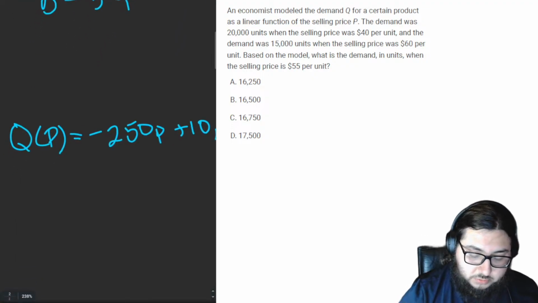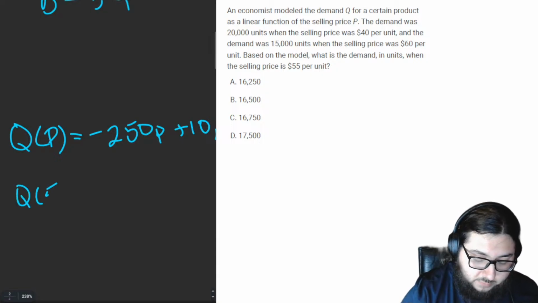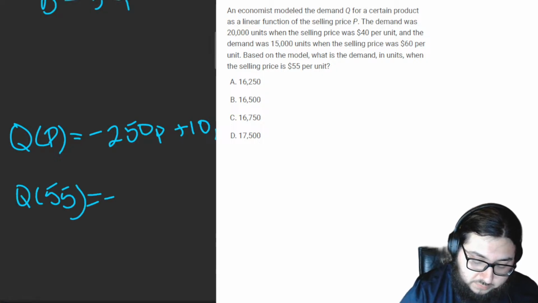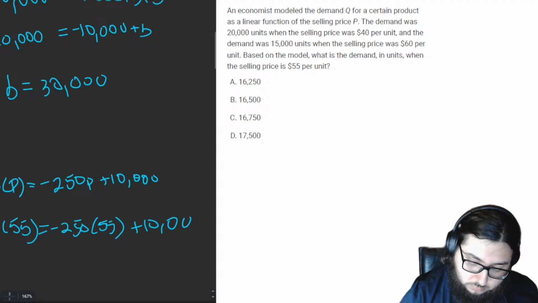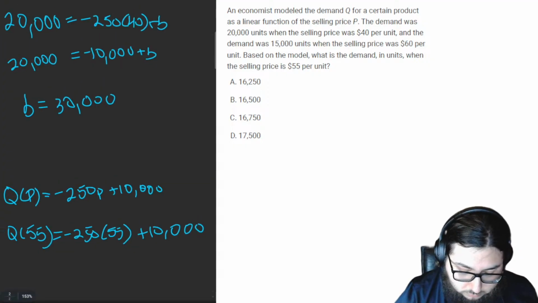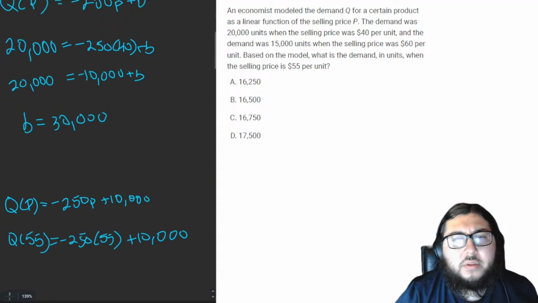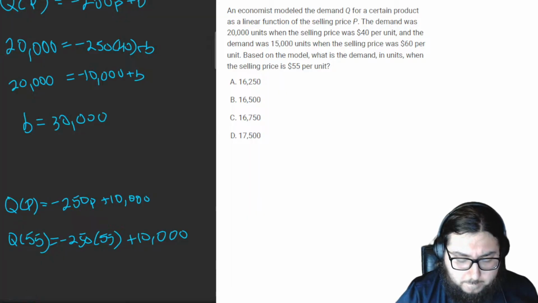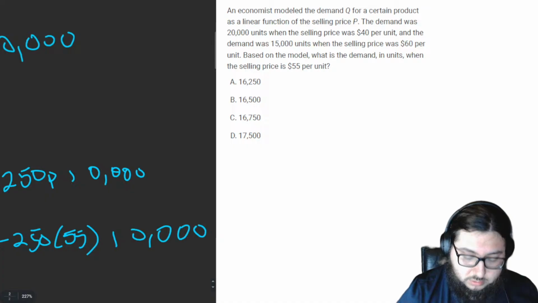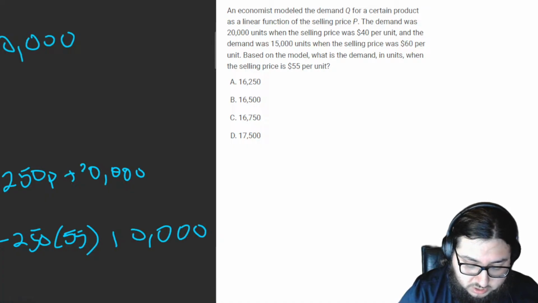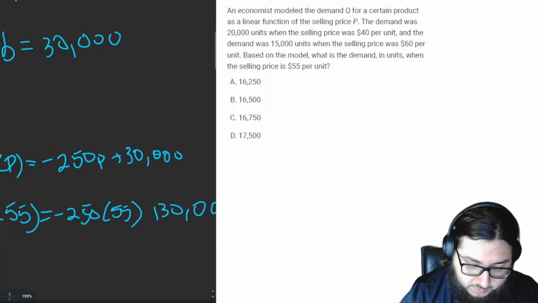And then we can substitute Q of 55 is equal to negative 250 times 55 plus 30,000. That's what I was missing: 30,000. That's more correct. All right.